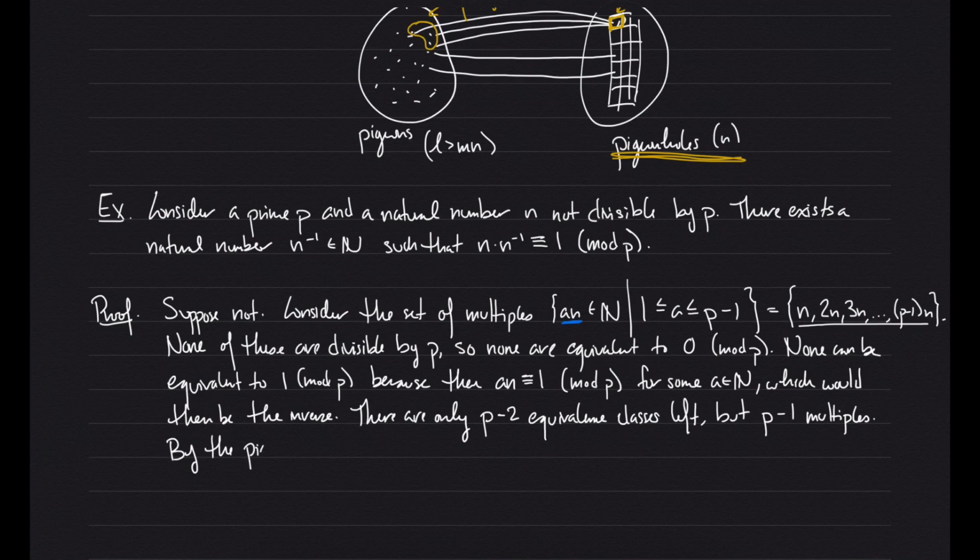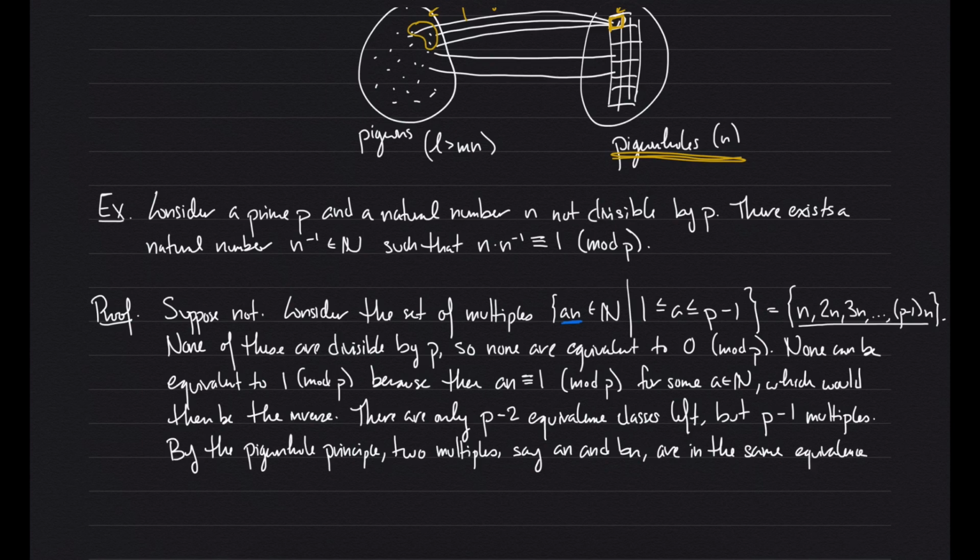By the pigeonhole principle, 2 multiples, let's call them an and bn, are going to be in the same equivalence class. Then they are, of course, equivalent. That's what it means to be in the same equivalence class.